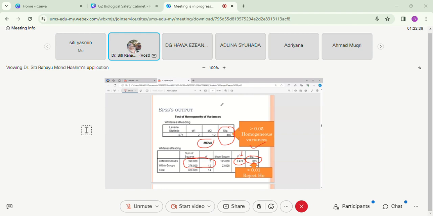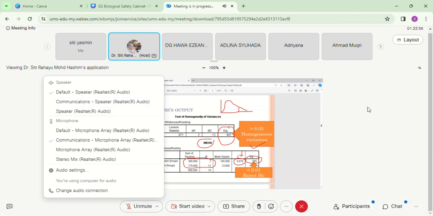Just to make sure that you really understand the concept of the p-value, let's say we have the F distribution here, and let's say this one is the F critical.